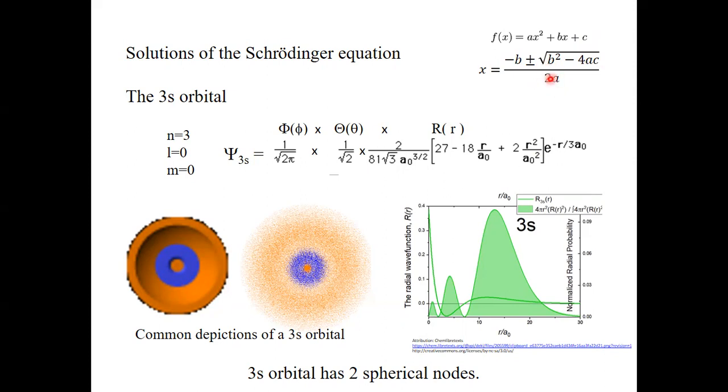So that means that we do not only have one spherical node in our orbital, but actually 2, because there are 2 solutions for which that term can become 0.